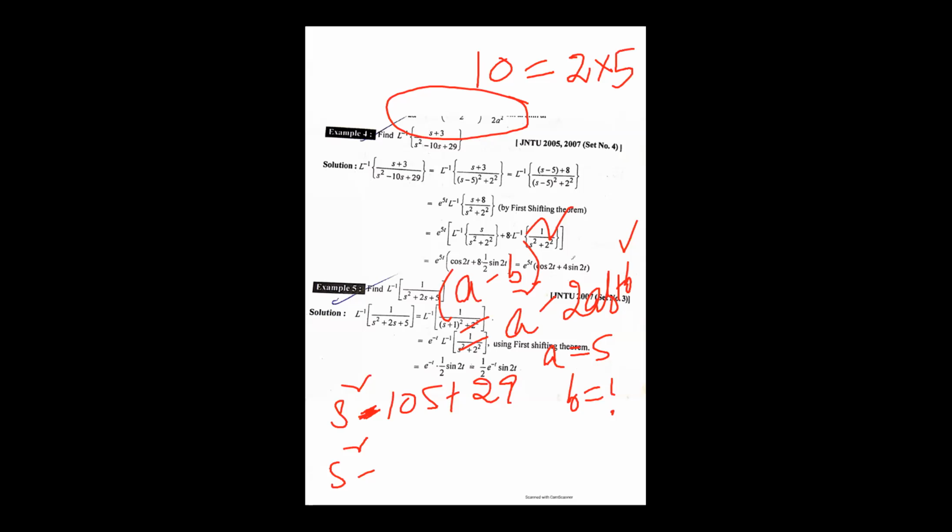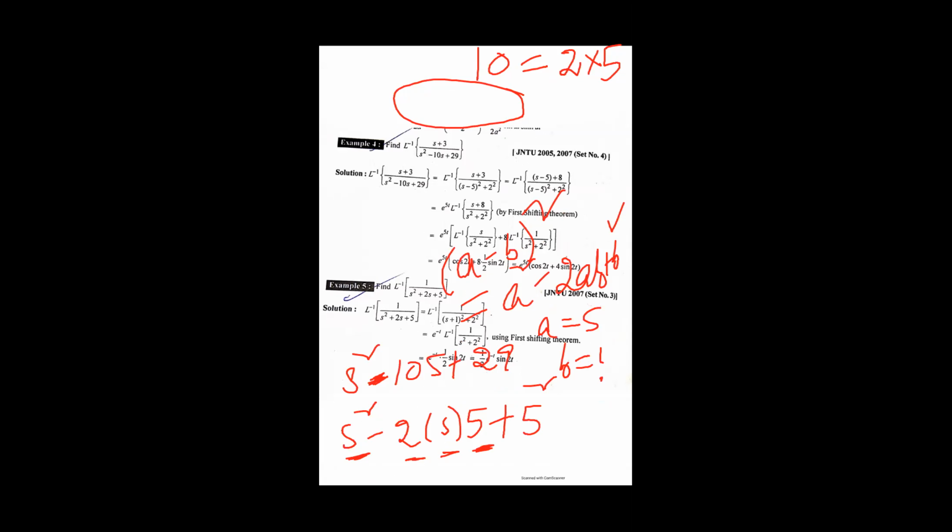So write 2 into 5 and in between the value s. Plus, observe that a square minus 2ab plus b square, here a equals s and b equals 5, so b square is 25, and the remaining value is 29.